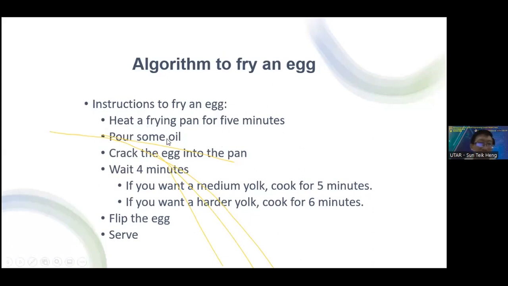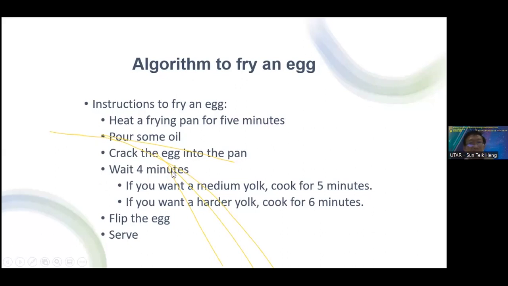That's the second step. In the third step, I crack the egg into the pan. It's not ambiguous at all. I just need to follow them one step after another. Then the fourth step is to wait 4 minutes.